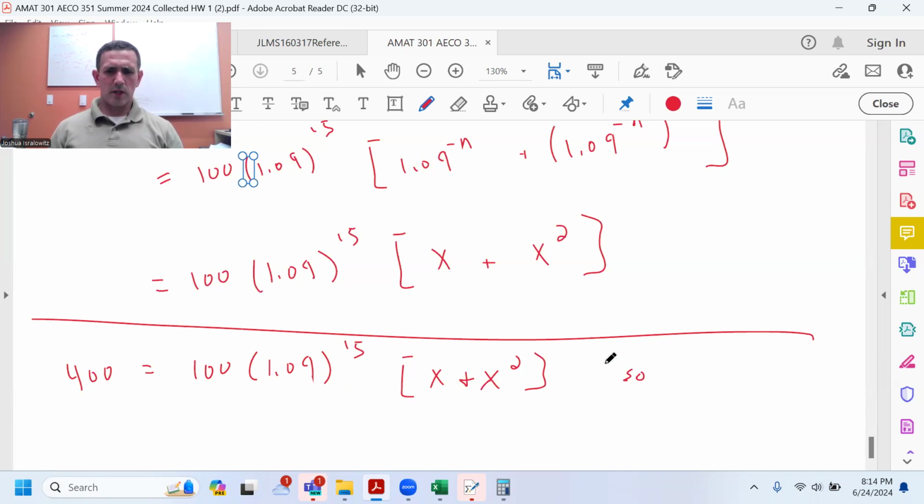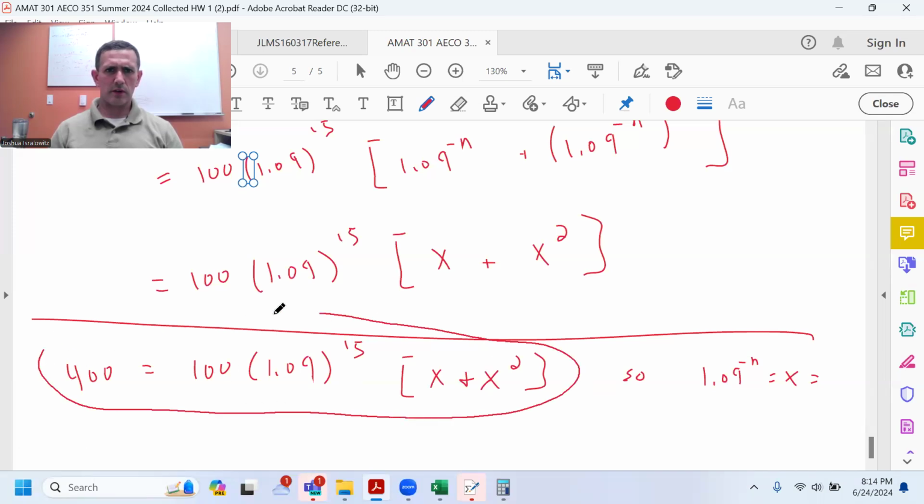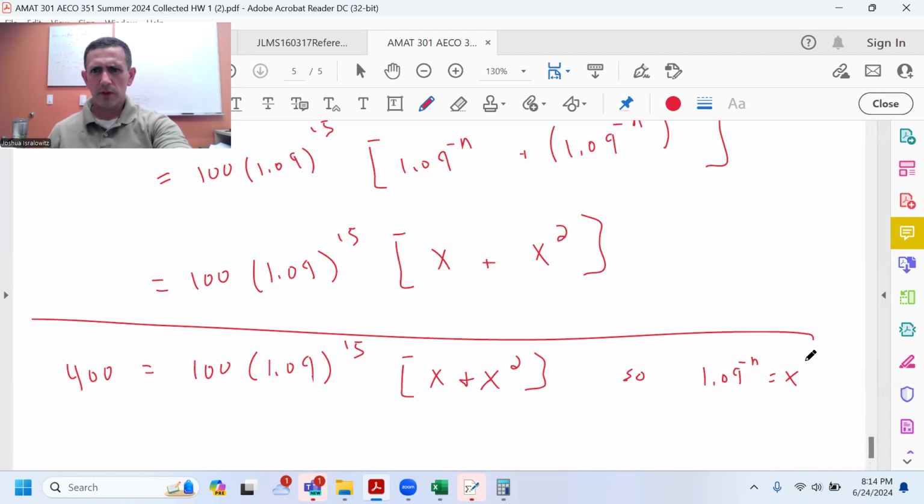So what does that mean? That means, just repeating myself here, this is what x is, but solving this quadratic here, you're going to get x is 0.6611. We throw out the negative solution.